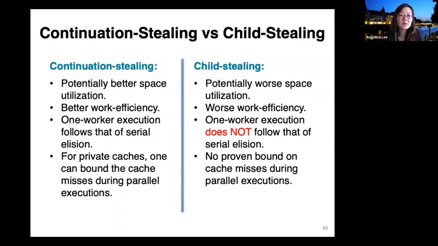Right, so in terms of continuation and child stealing, just comparing side by side, continuation stealing potentially provides better space utilization. It has better work efficiency because instead of spending time packaging up the spawn child, you just go ahead and execute.